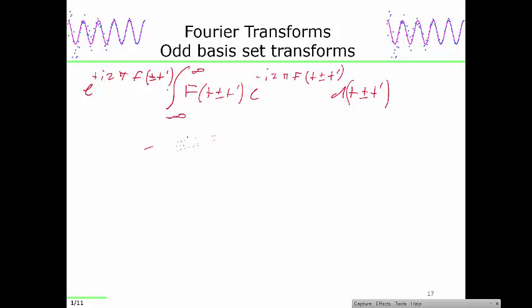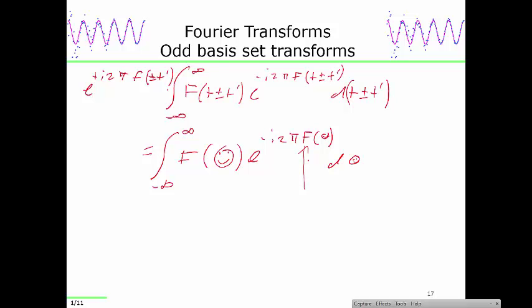So in other words, I could put the integral from negative infinity to infinity of f of smiley faces e to the minus i 2 pi f of smiley faces d smiley faces, and I would have exactly the same thing as I had there, right? That becomes a dummy variable. That t minus t prime doesn't actually matter because I'm integrating over it anyway. And this would still be the Fourier transform because you still have the frequency dependence in this integral.